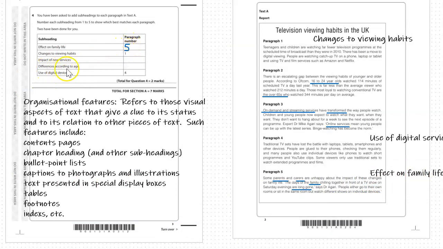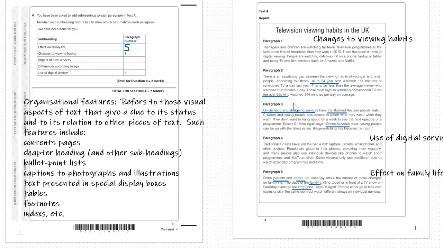So differences according to age. Let's do that one. So again, looking through each of the paragraphs, scanning through, I would suggest you have read all 3 when you start off. So ages, the ones I can see with ages, 16 to 24 years, the over 65s.